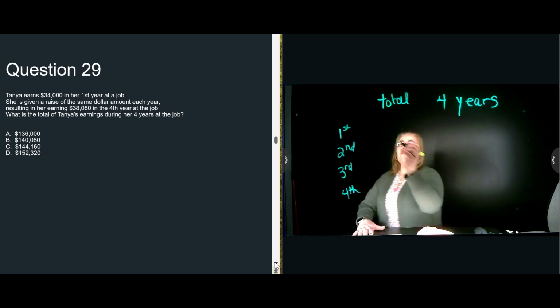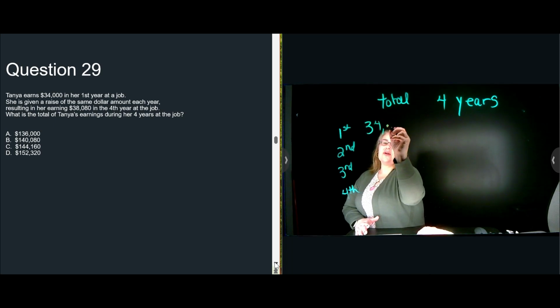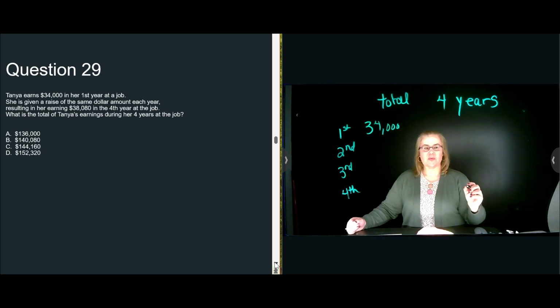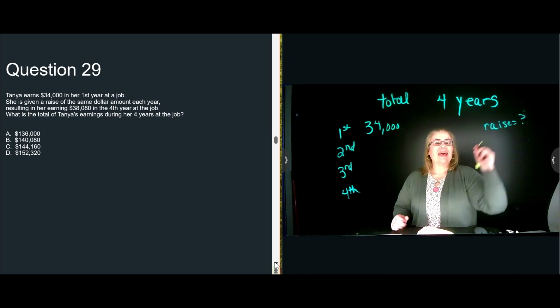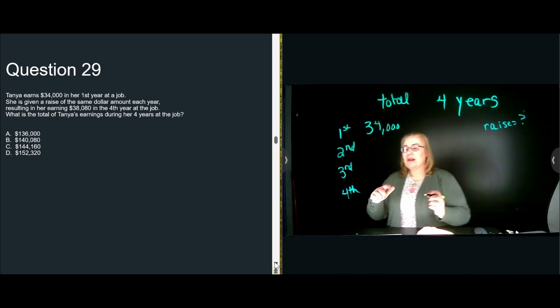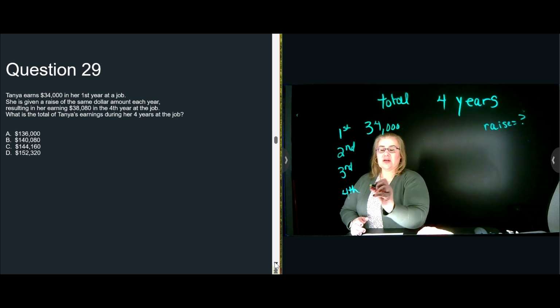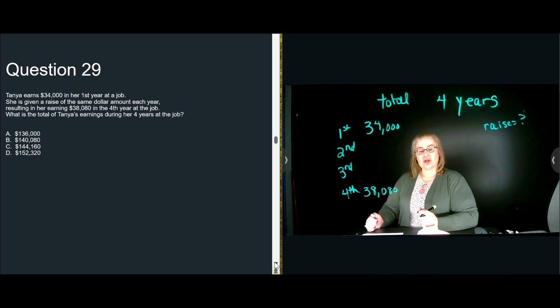Well, we're told right off the bat that she started out at $34,000. She's got a raise that we're not quite sure of each year. And we know at the end of those 4 years, her earnings were $38,080. Now, what is the difference of those?